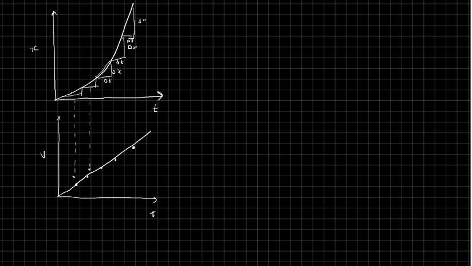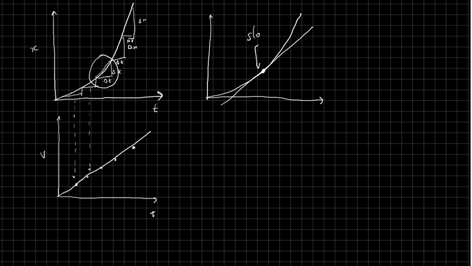So if we were to think about one of these segments here, and we're just going to make that a bit larger, we want to find the slope of the tangent line, and that's the line that is parallel to the small line section just at this point here.